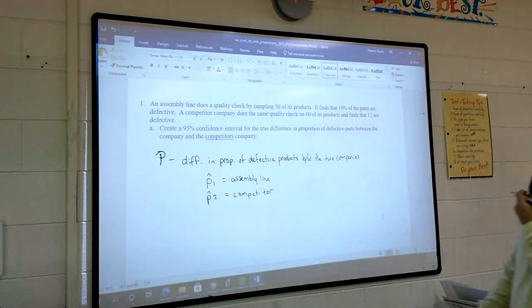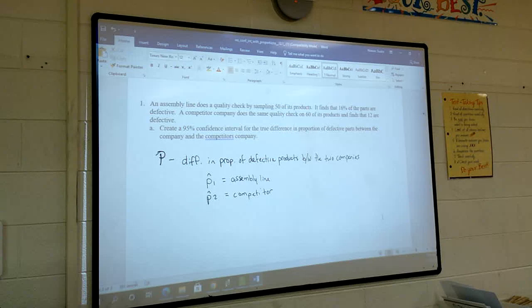You have to label which one is p1 and which one is p2. That's very important. Even though it seems obvious that p1 would be the first one you get in the problem, some people will put it differently, so you have to let the person know which one is your first proportion and which one is your second proportion from the problem.